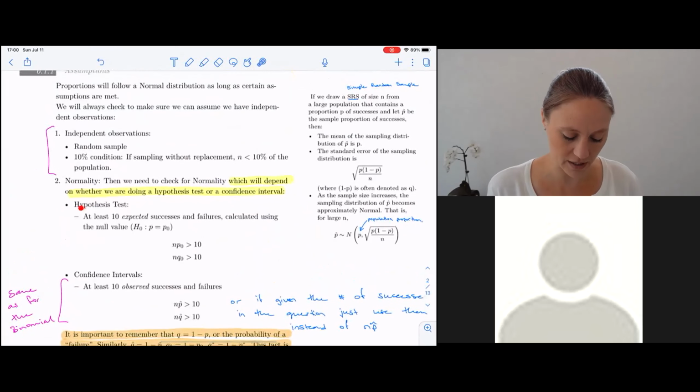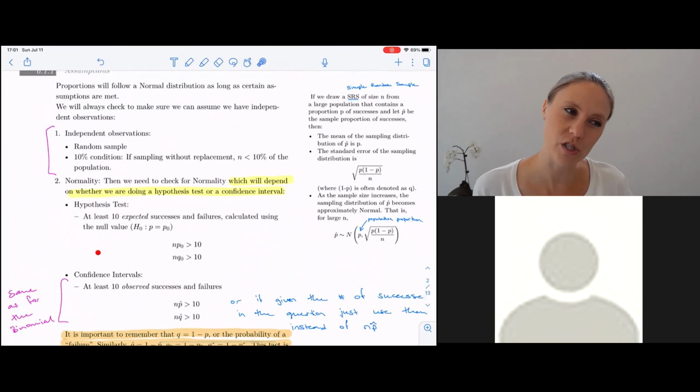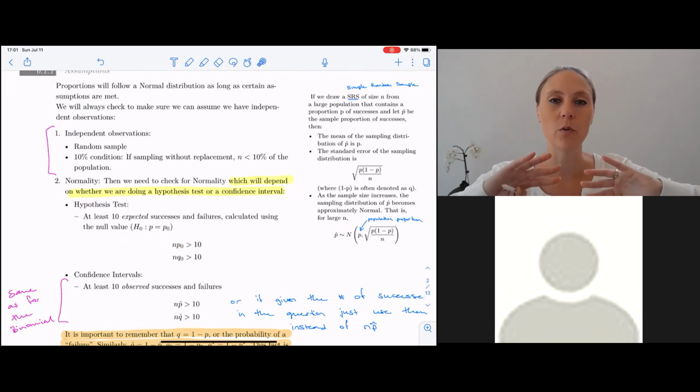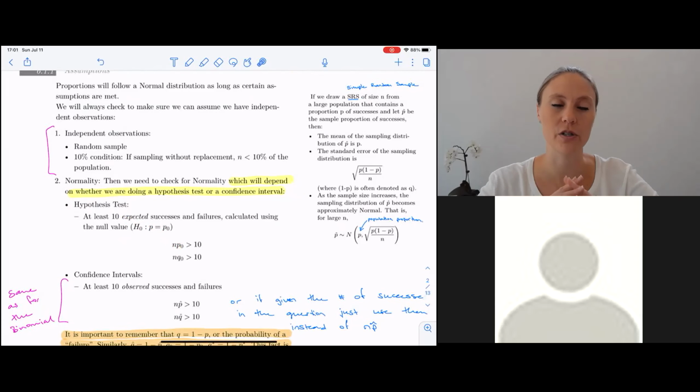So it's kind of tricky because for the normality condition, it depends on what the question's asking you for. And I should add, if you're doing a hypothesis test, it does require you to set up your null hypothesis, or at least figure out your hypothesized value to use it in your assumptions, which you do before you actually do any calculations or state the null and alternative hypotheses formally.